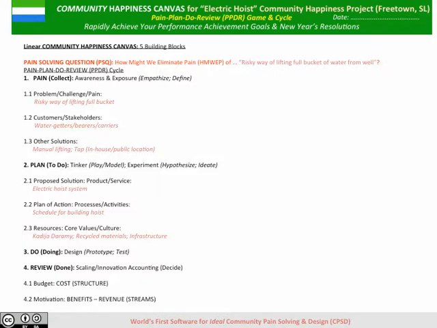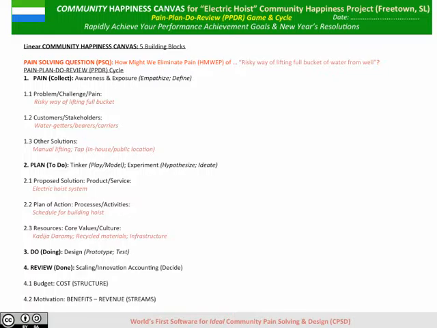So you can consider the pain building block, and what I have done here is to add notes so that you can know what is done for each building block. So for the pain building block, it's about collecting information. So you have to demonstrate awareness and exposure, and in particular focus on the actions of empathizing and defining the pain.